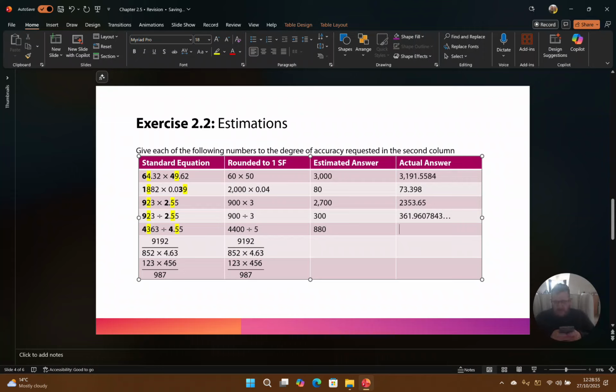Let me double check that. Yeah, it's 880.